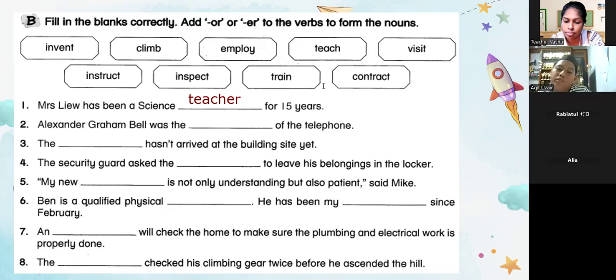How about qualified, teacher? What is it? What's mean qualified? Qualified in Malay. Berkelayakan. Okay. Thanks, teacher. Welcome.